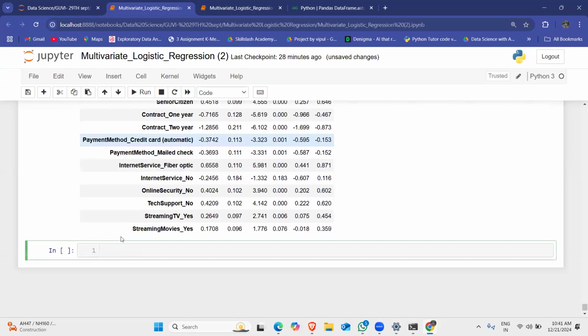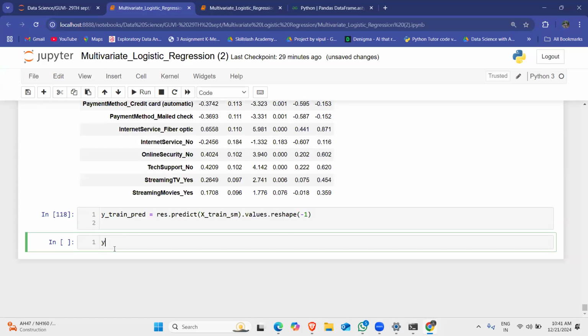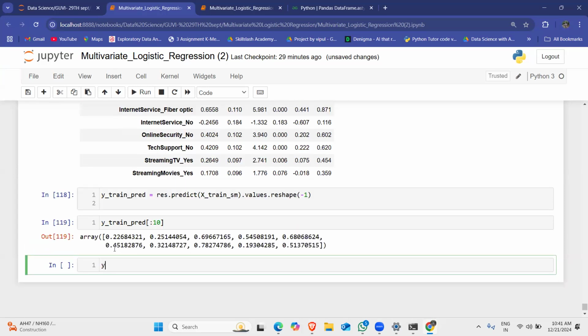Now we'll write y_train_pred equals res.predict(X_train_sm).values.reshape(-1). We'll write y_train_pred[:10], and we'll write y_train_pred_final.